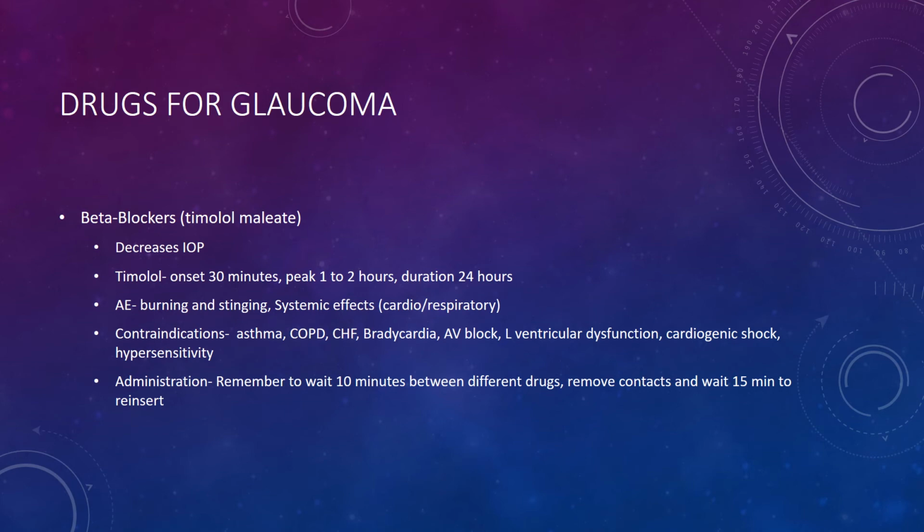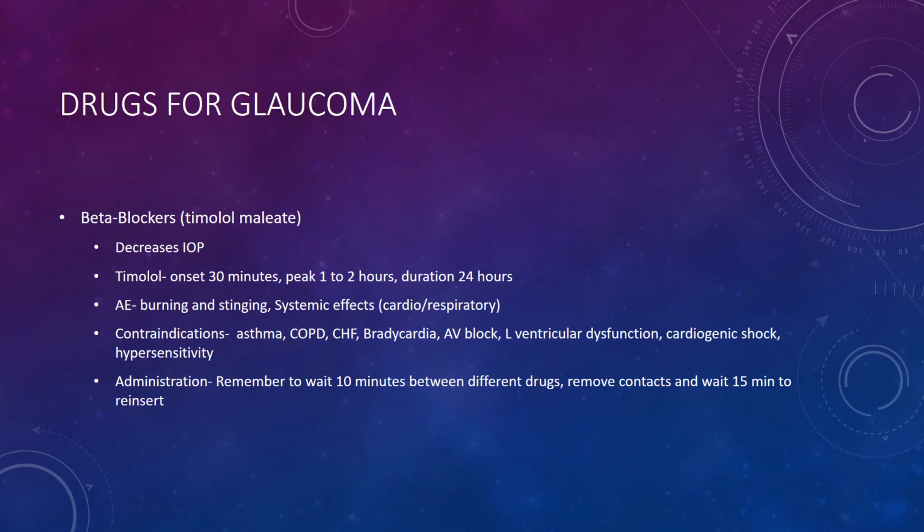Adverse effects are burning, stinging, and there can be some systemic effects too. It's contraindicated with asthma, COPD, heart failure, bradycardia, any kind of blocks, any kind of left ventricular dysfunction, and of course cardiogenic shock and hypersensitivity.